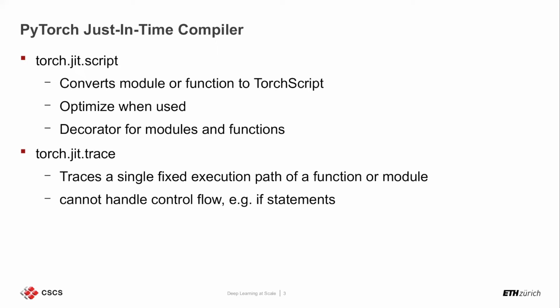And there's also jit.trace, which is similar in a way, but it expects an example input, and it creates a fixed execution path using the example that you give it. We're going to see this later in a notebook, where it will make much more sense. Because it has this fixed graph, it can't handle control flow of any sort, like if statements, for example.